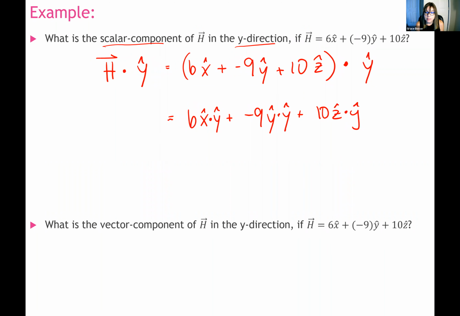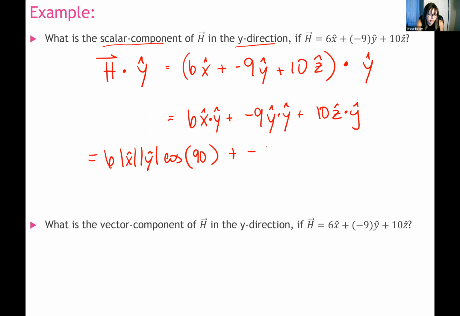Remember that the dot product says you take the norm of the first vector times the norm of the second vector times the cosine of the angle between them. What is the angle between x hat and y hat? Well, it's 90 degrees because all of those unit vectors are perpendicular to each other.